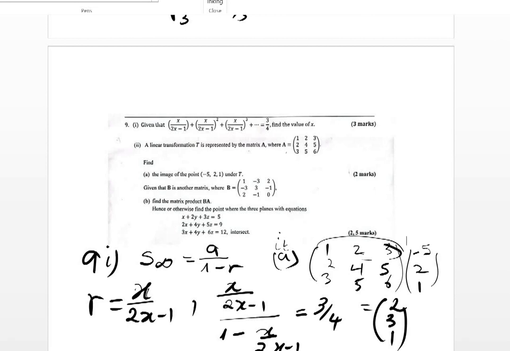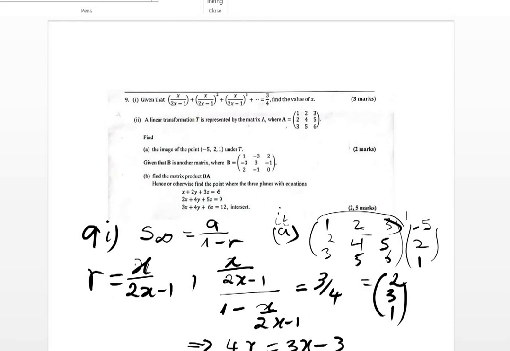Coefficient of x is 1 2 3. So you are simply using that inverse, then you multiply by 5 9 12, which will give you the point where they intersect. That point of intersection is simply the solution of those three equations.